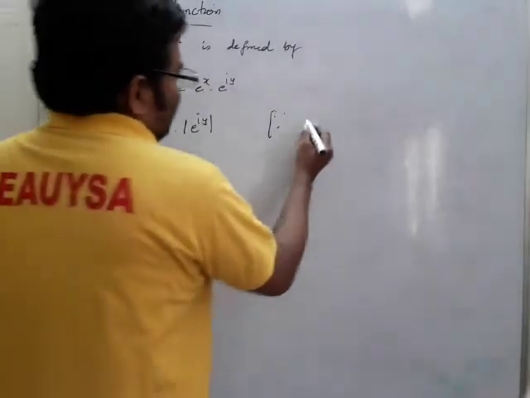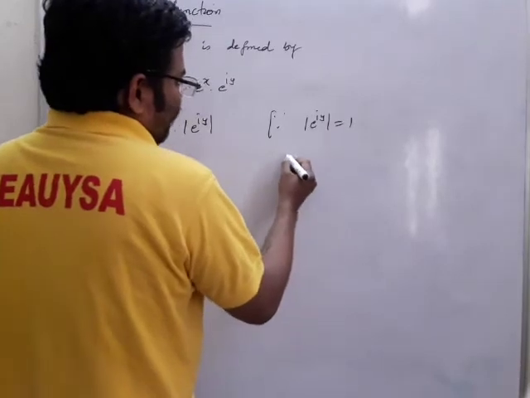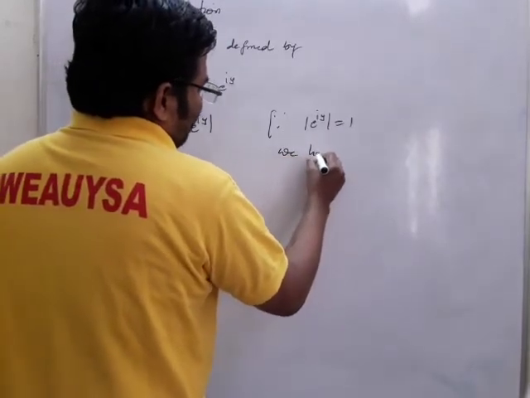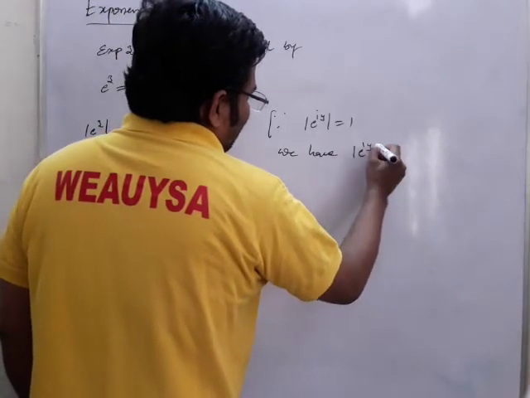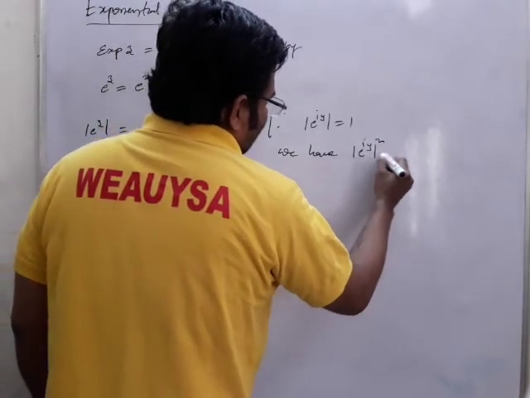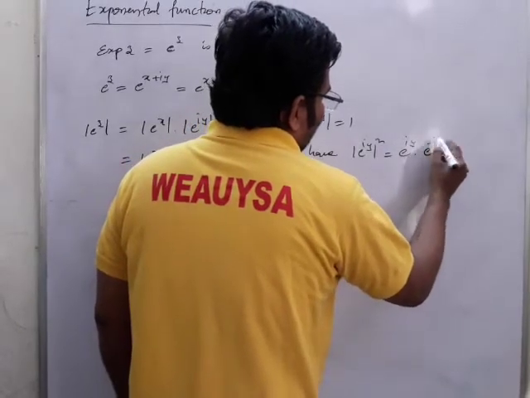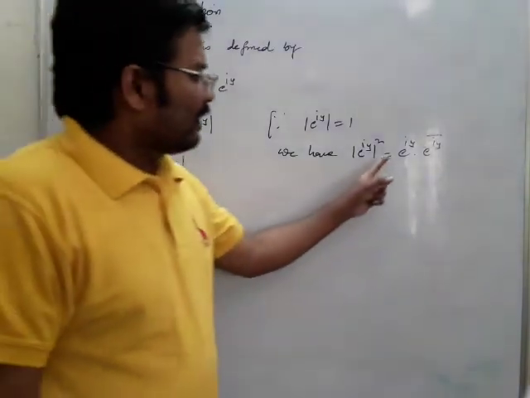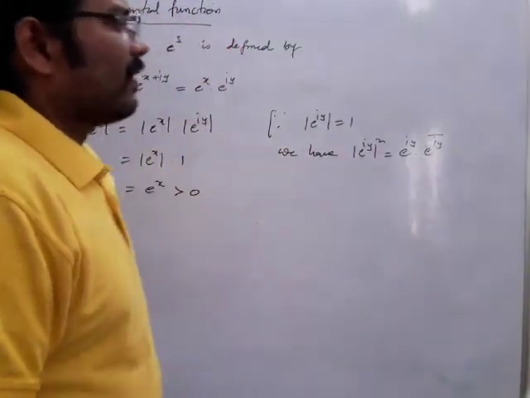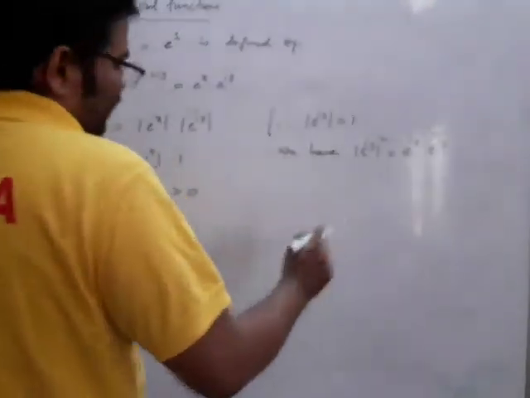Now we have mod e power iy squared equal to e power iy into e power iy bar, like mod z square is nothing but z into z bar. Okay, e power iy into e power iy bar.